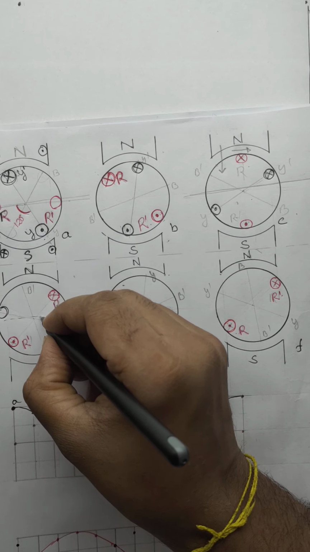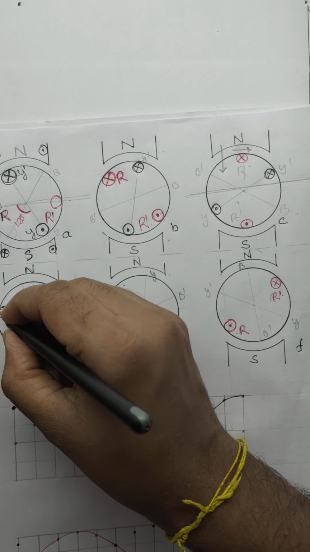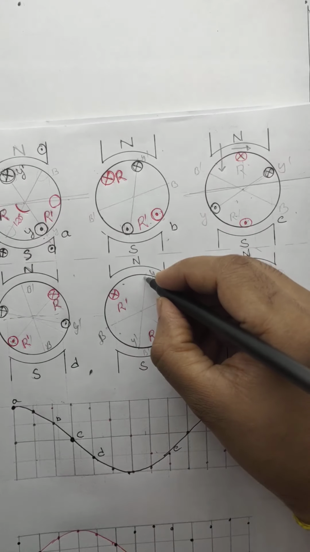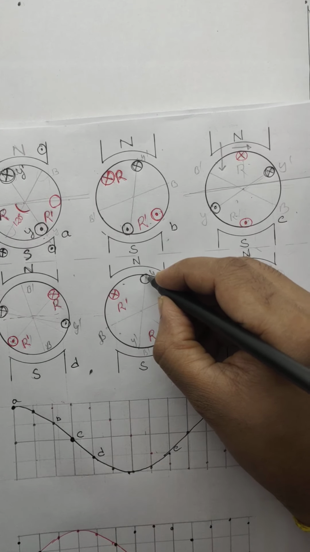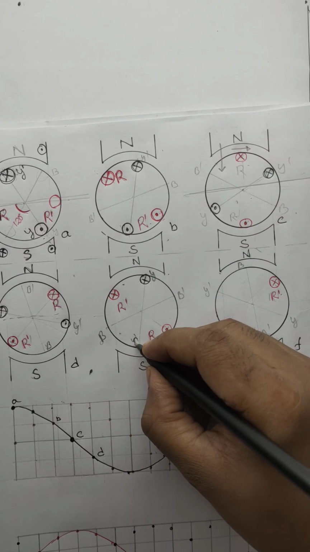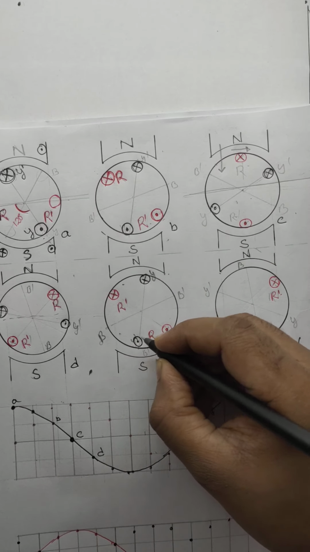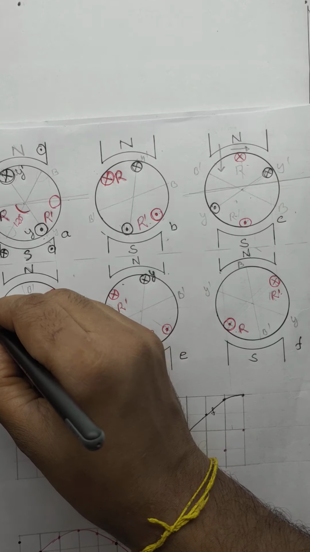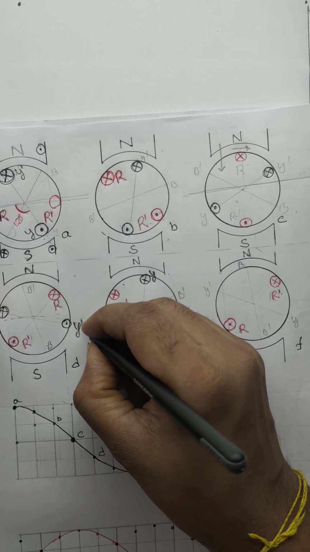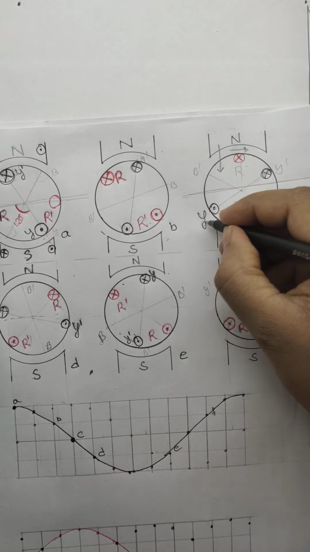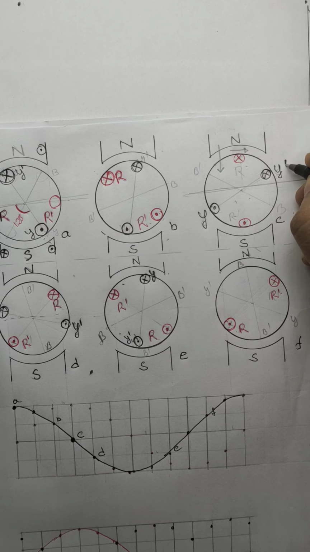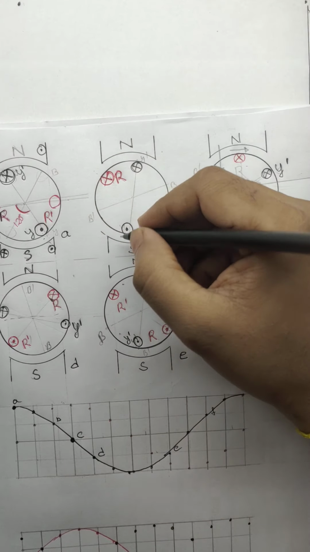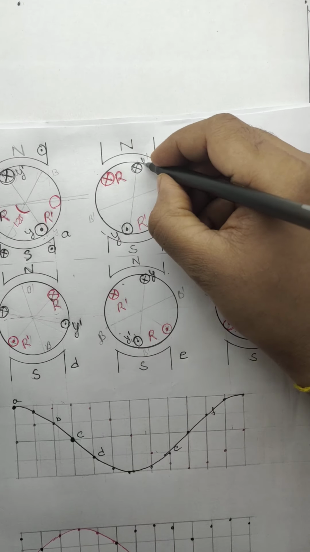Now, assuming that it is above the zero line, this will be cross and this will be dot. Here Y will be cross and this will be dot. This is Y, this is Y dash.